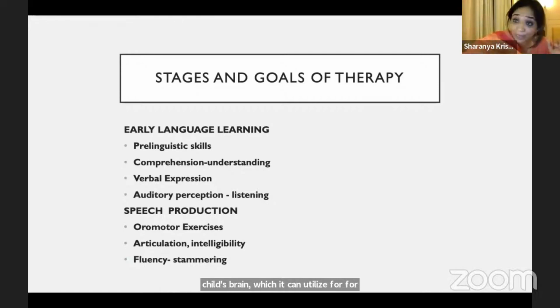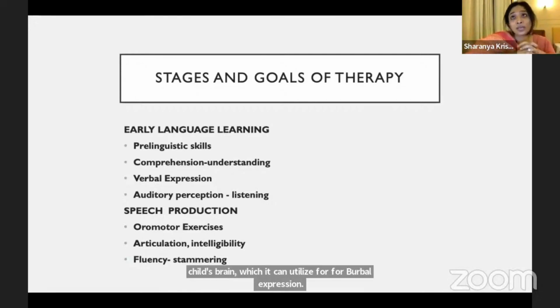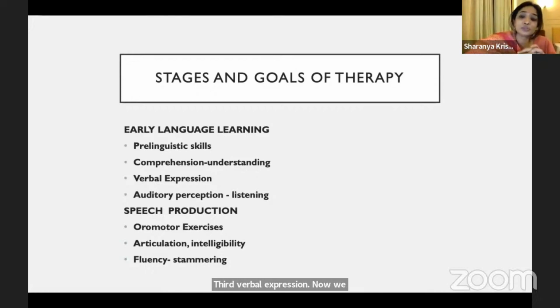Third, verbal expression. Now, we all know that children with Down syndrome have this amazing ability to imitate. They imitate everything, your body language, facial expressions. Many of them turn out to be wonderful dancers. They don't have inhibitions or stage fear, and that's because of their amazing ability to imitate.